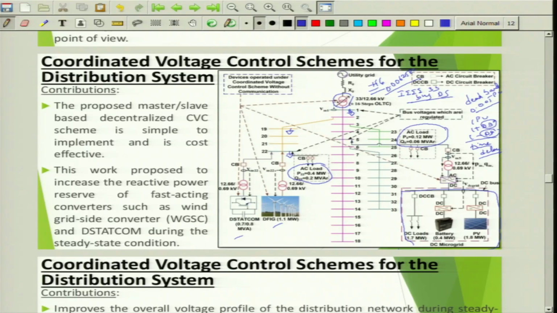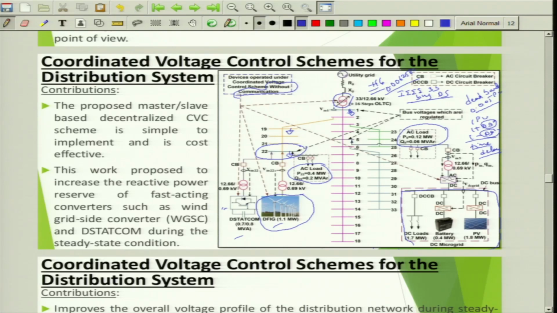Now, the idea is that in a decentralized fashion, the devices are operated under a coordinated voltage control scheme without communication. Without communication refers to decentralized operation. The DSTATCOM is one voltage regulating device, and the DFIG's converters can also help to maintain the voltage of bus number 22.